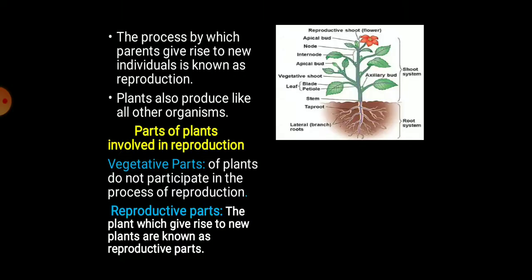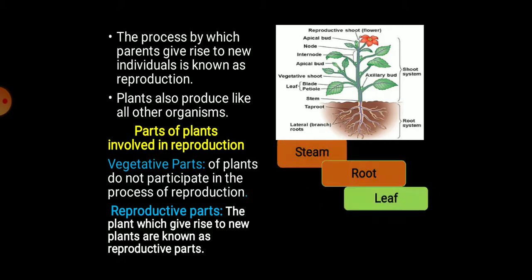So let's begin. What exactly is the definition of reproduction? The process by which a parent gives rise to a new individual is known as reproduction. For instance, what exactly does the statement mean? If one male sheep is there and another female sheep is there, when both interact with each other to form a new sheep, that is reproduction.